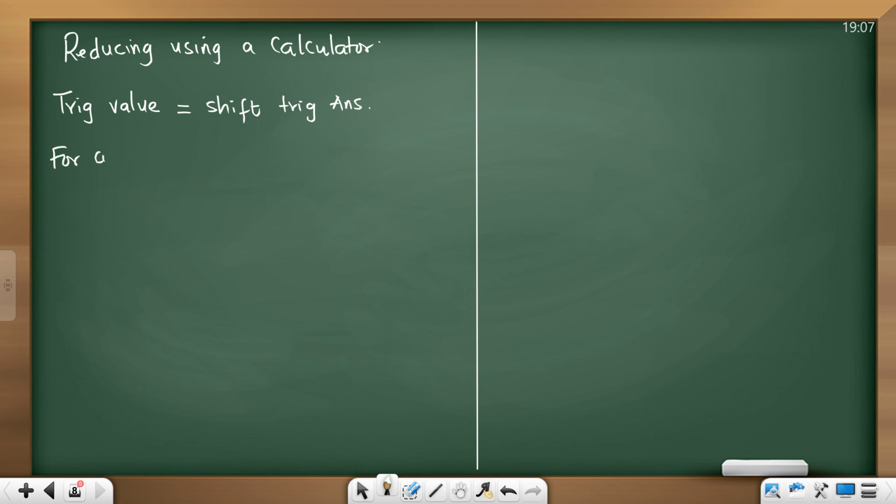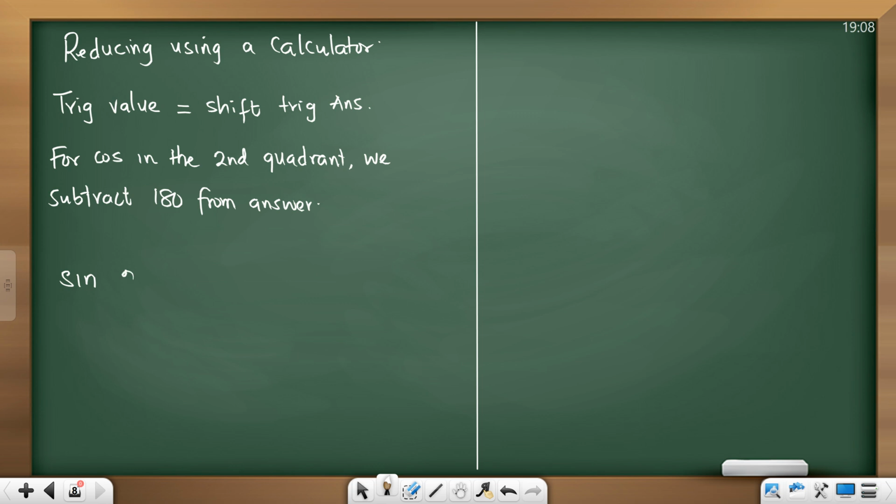For cos in the second quadrant, you will see what I'm going to do now. We subtract 180 from the answer. Don't worry, I know it's not making sense at the moment.